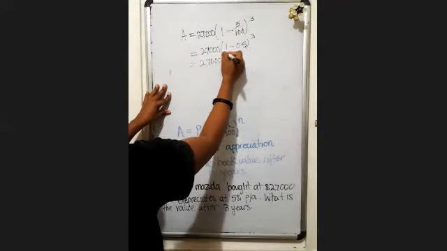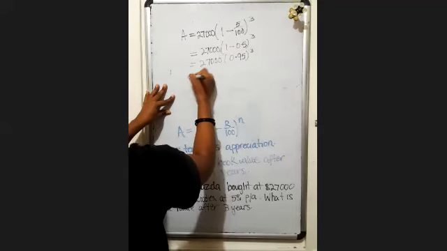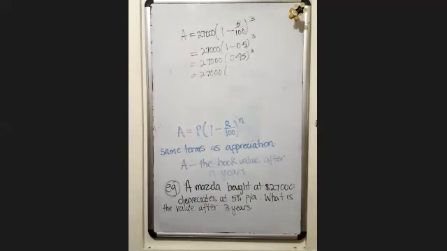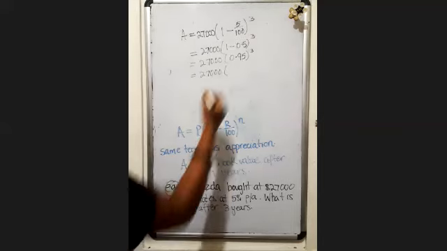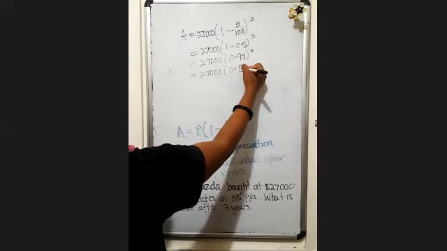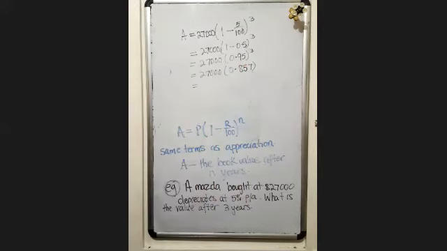27,000 by 0.95 cubed, 27,000 by 0.857, rounded to 3 decimal places, multiplied by 27,000.